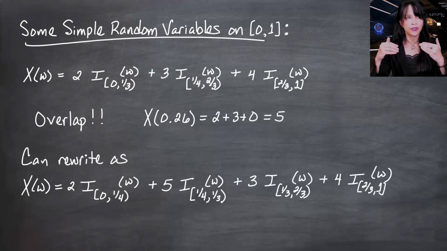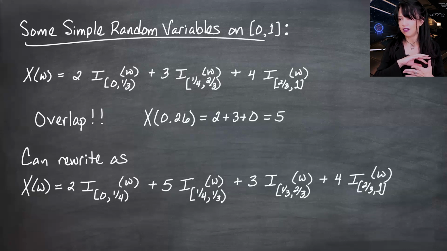So you might see random variables that don't quite look like you have a partition, that have coefficients duplicated, that have overlapping intervals in the indicators, but they can always be rewritten in this quote unquote canonical way, which, as I remind you from last time, that's just my language.